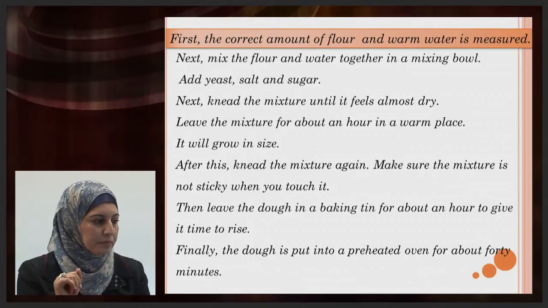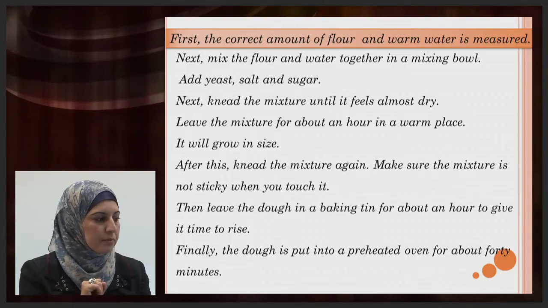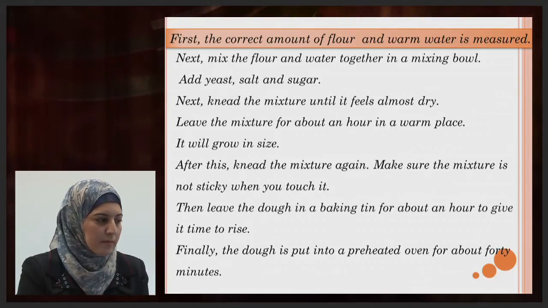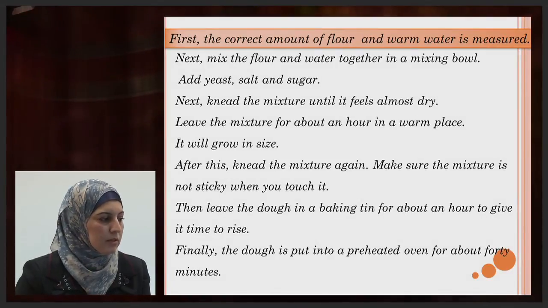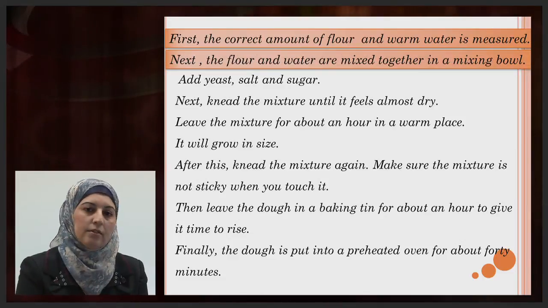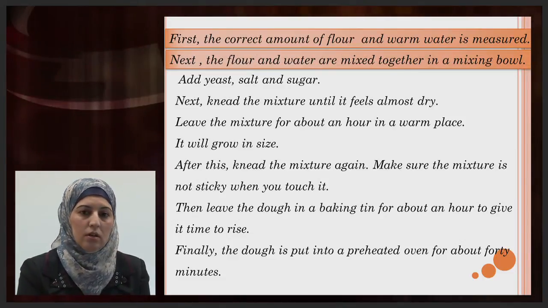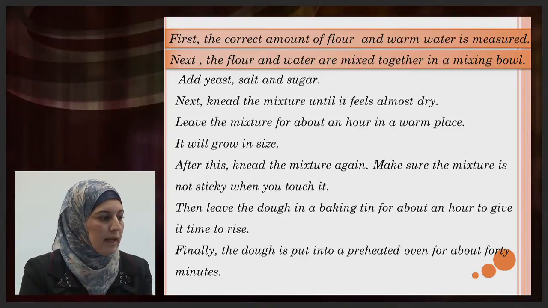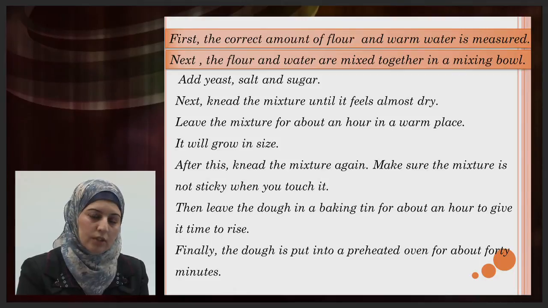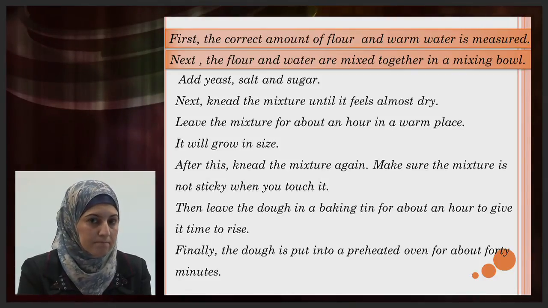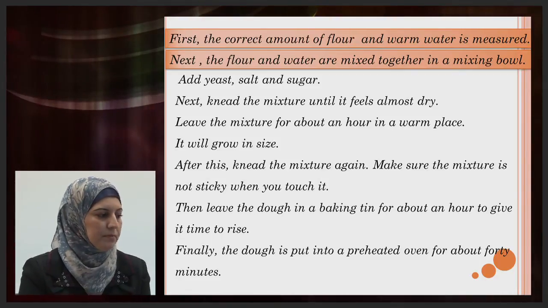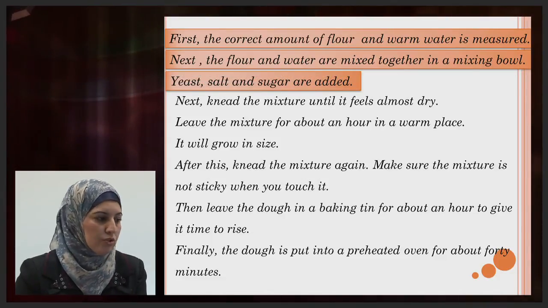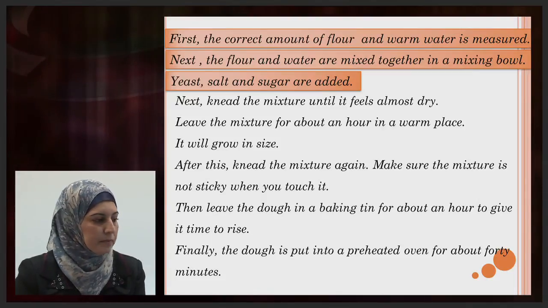Think about it. Change it to passive. The answer would be next, the flour and water are mixed together in a mixing bowl. Add yeast, salt and sugar. Passive form would be, okay, yeast, salt and sugar are added.